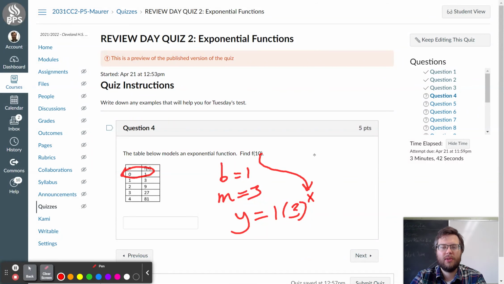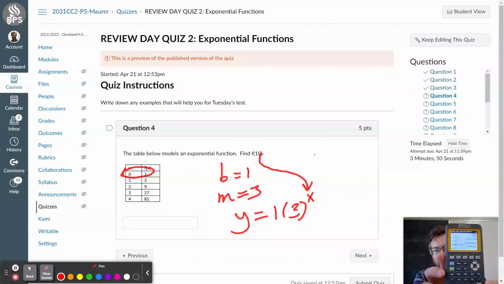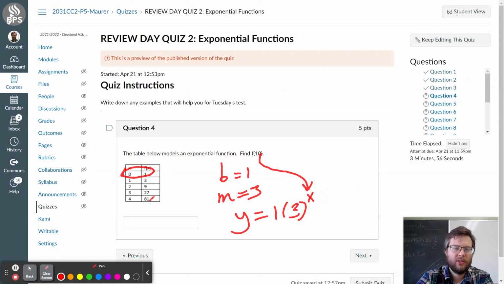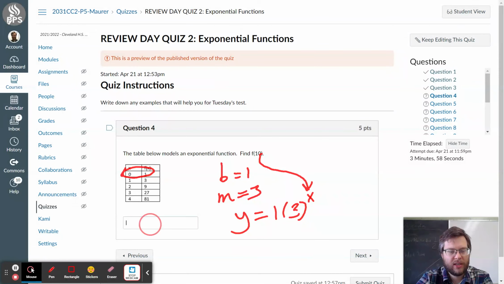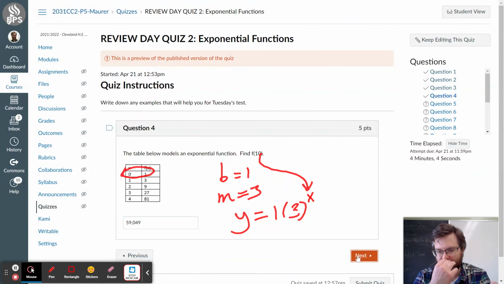So f of 10 means you do 1 times 3 to the 10. So you can just grab your calculator and go 1 times 3 raised to the 10. Should look just like that at the bottom. And it gives me the answer. 1 times 3 to the 10 turns out to be 59,049. Pretty big. Exponential growth.